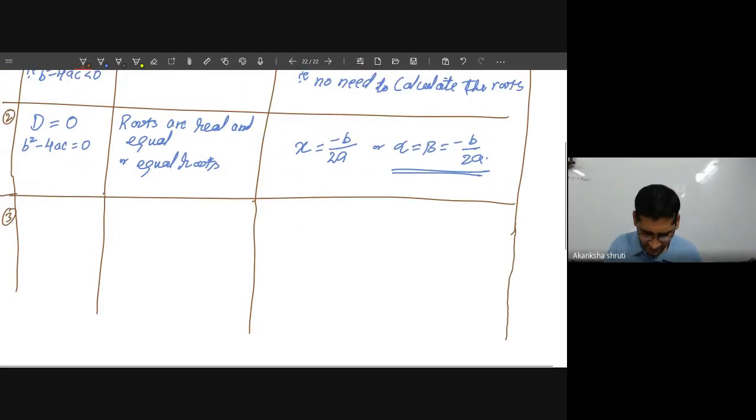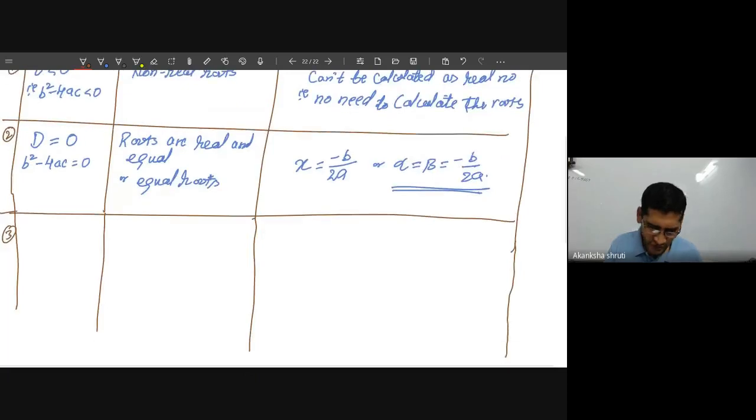Students, D less than 0 and D equal to 0 we have done. Now D greater than 0. D greater than 0 means the roots are unequal, and unequal roots are called distinct roots.